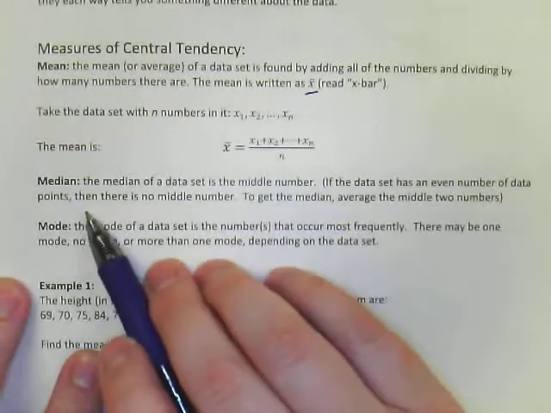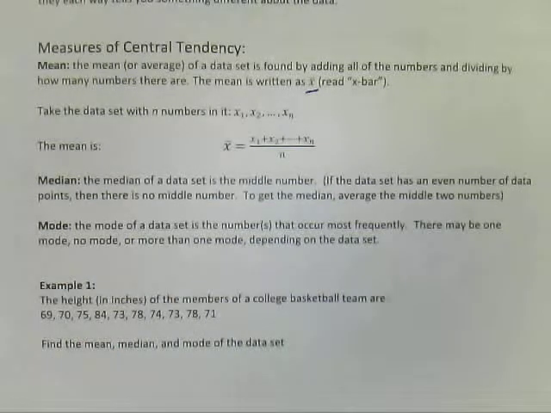The median is just the middle number. If you put all the data points in order and find the middle one, that is the median. Now, if you have an even number of data points, there is no center, so what you do is you take the two in the middle and average them. And then the mode is just the most frequently occurring data point.